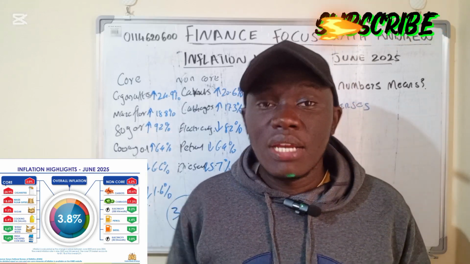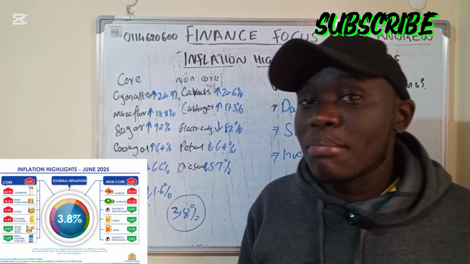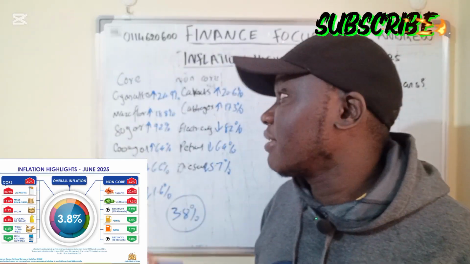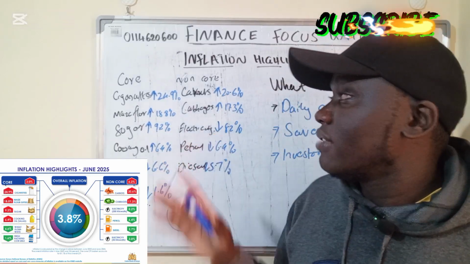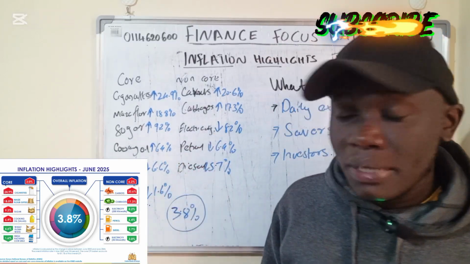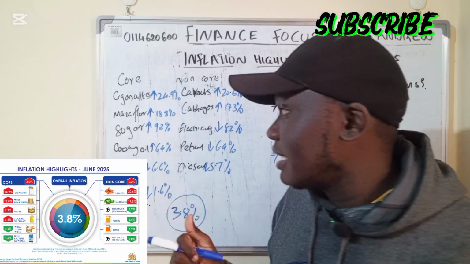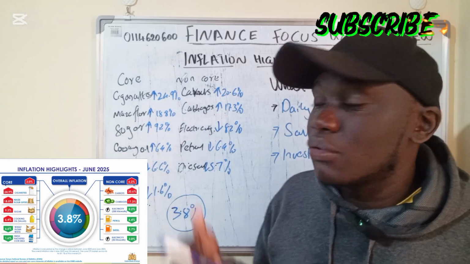We have two sides: the core and the non-core. You can see that between June 2024 and June 2025, the price of cigarettes increased by 24.9%. The price of maize flour increased by 18.8%. The price of sugar increased by 9.2%.